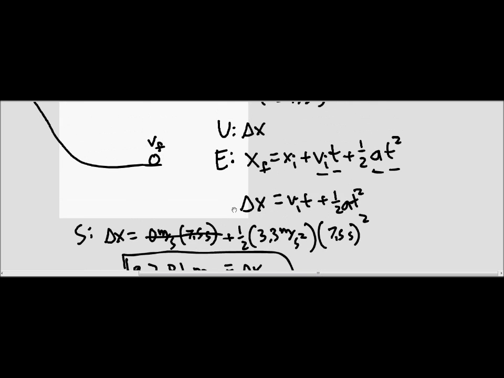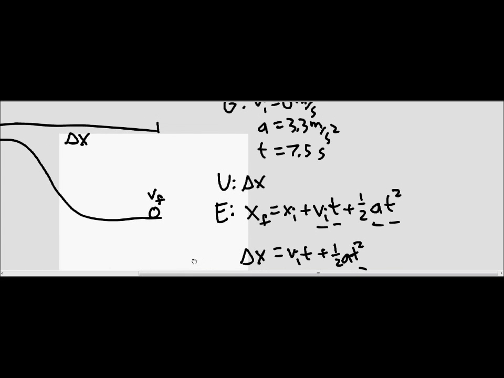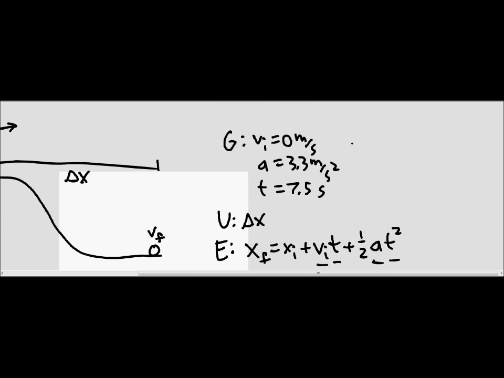Okay, so the main point that you should take away from this problem is that you should be looking for the equation that best fits what you need, because honestly you could have solved for this if you had found the final velocity by using velocity final is equal to velocity initial plus acceleration times time.